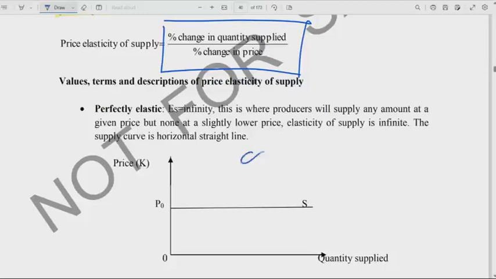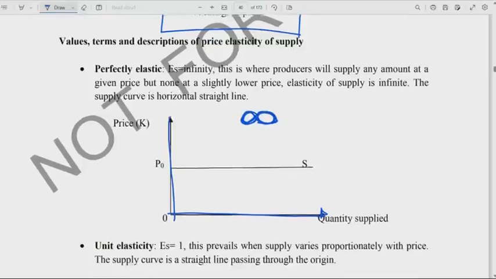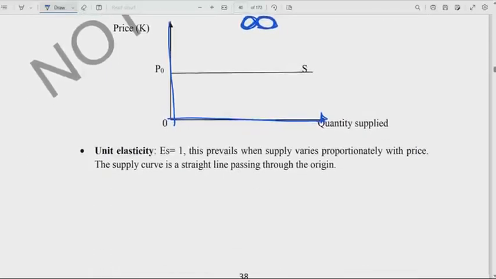So the demand will actually change even though the price is still maintained. And in terms of the graph, it is like this. It's not different from the one that we saw in the price elasticity of demand. When it is unitary, it means that the value is 1, right?